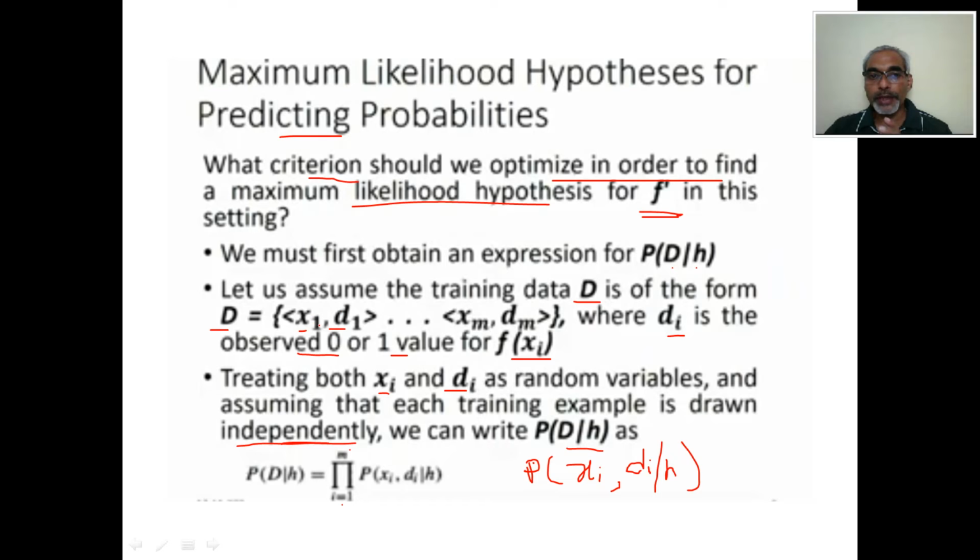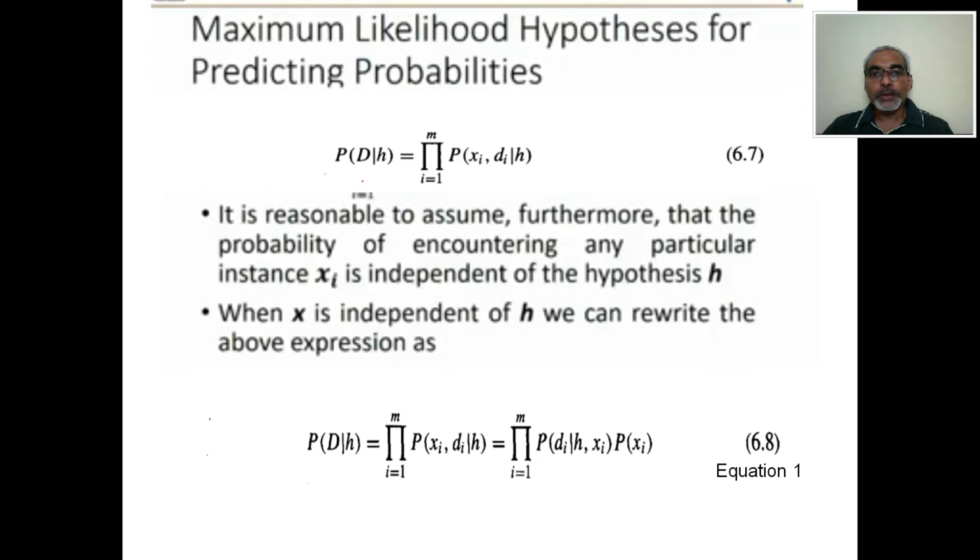First take x1 and find the probability of x1 comma d1 for a given h, multiplied with x2, x3, etc. Like this you do for all i is equal to 1 to m. So we got the probability of D given h is equal to the product for i is equal to 1 to m of the probability of xi comma di given h.